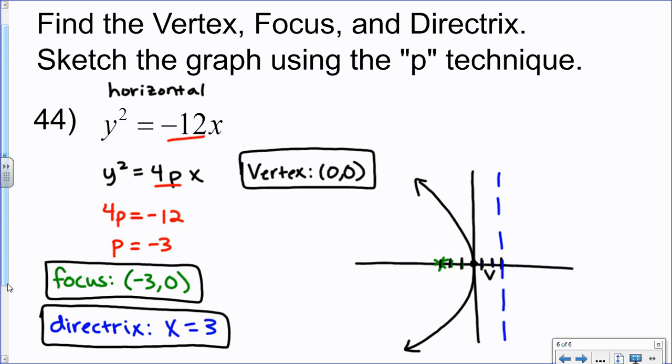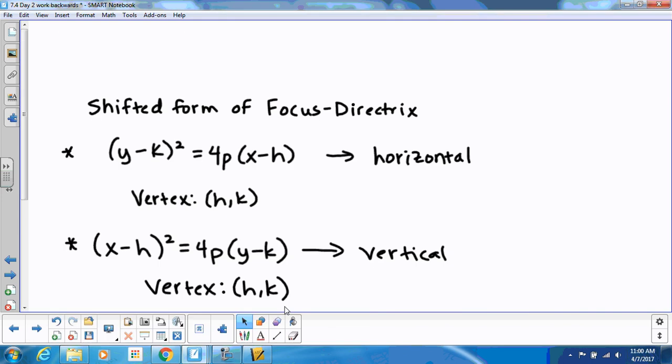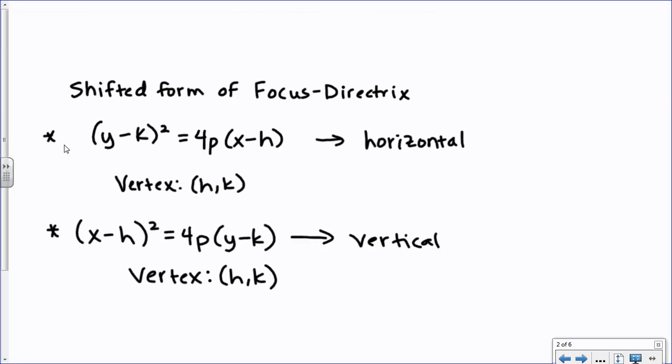All right, so let's talk about one when they're not at 0, 0. So you would see parentheses. So here's the shifted form of your focus directrix form.